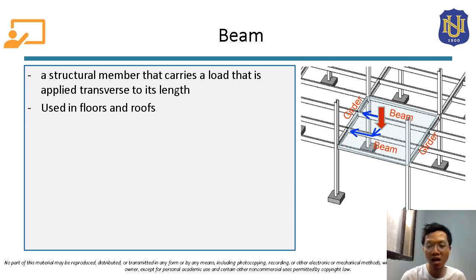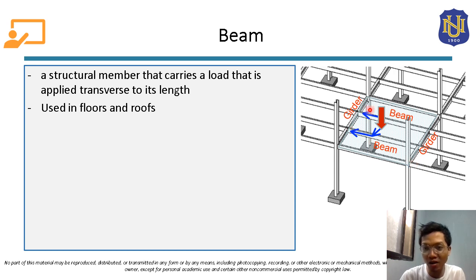Beams are also used to support floors and roofs. As you can see here in this figure, these are actually beams. These are the structural members called beams, and these are girders. Girders are also a kind of beam.